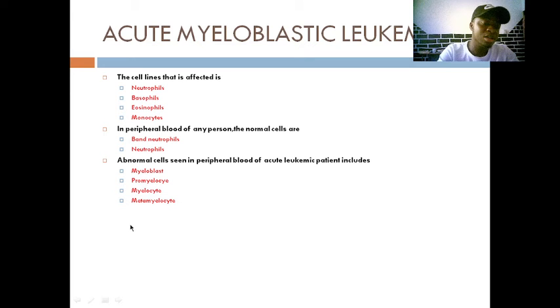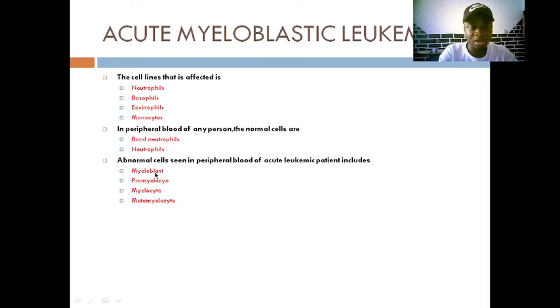Remember that during hematopoiesis, immature cells are in the bone marrow, and they give rise to the mature cells which will be seen in peripheral blood. Under no circumstance in a normal person will immature cells be seen in peripheral blood, except in malignancies like acute leukemia. So in acute leukemia, these are the cells you are going to look for in the bone marrow smear or the peripheral blood smear.